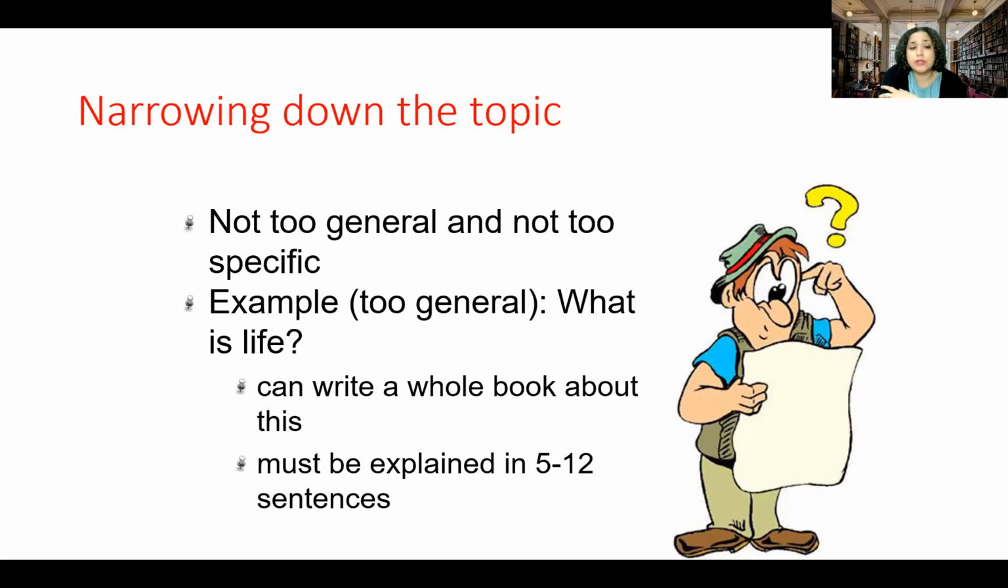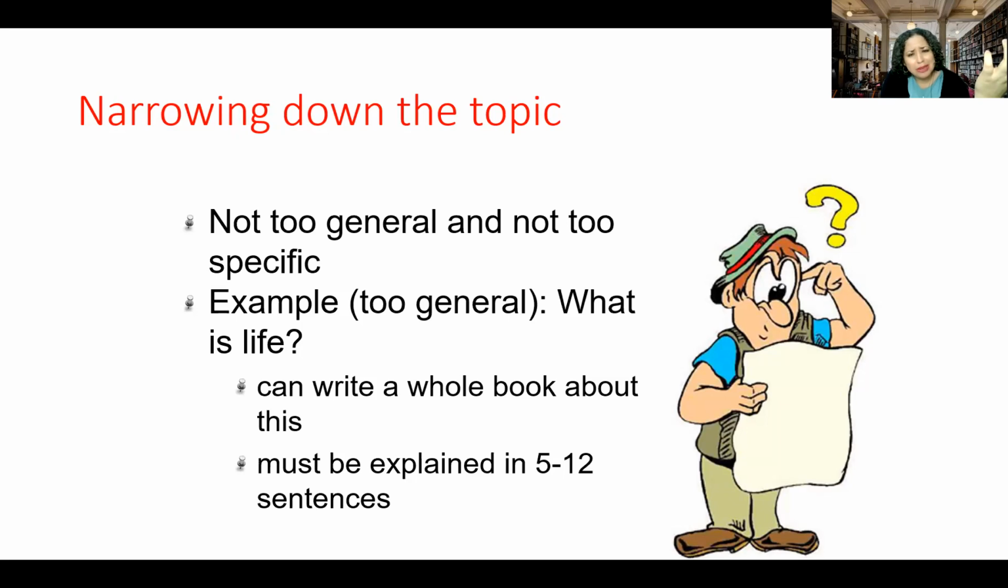For an example that is too general: what is life? Well, philosophically speaking, life is too general a topic. We could talk about the life of animals. We could talk about the life in the brain. We could talk about the life in cells. We could talk about life, generally speaking, in the world.